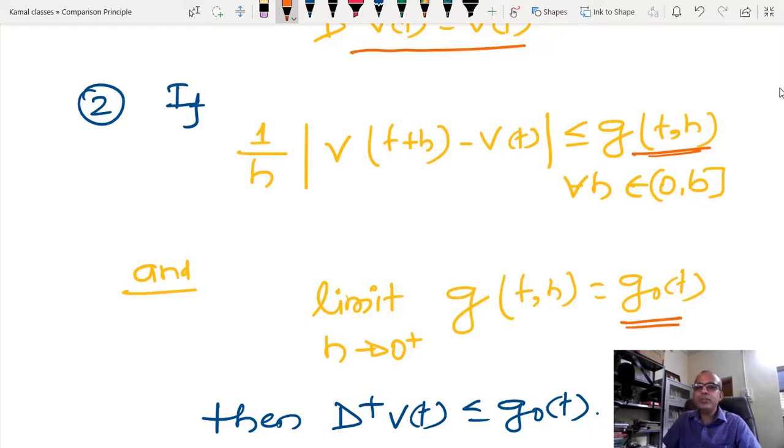Okay, does anyone have confusion on why this relation comes into the picture?